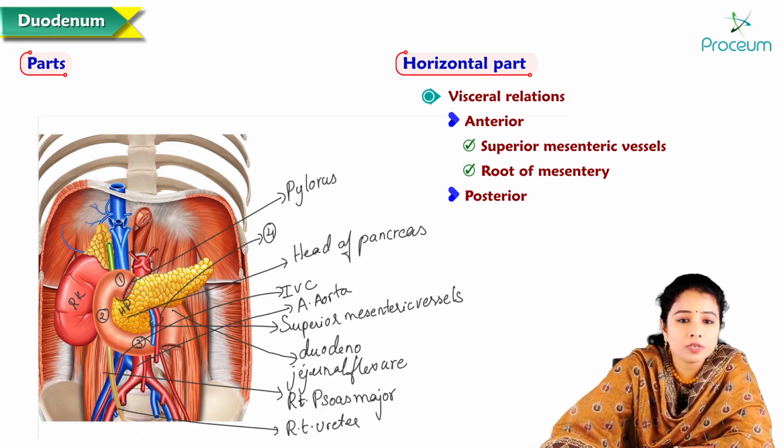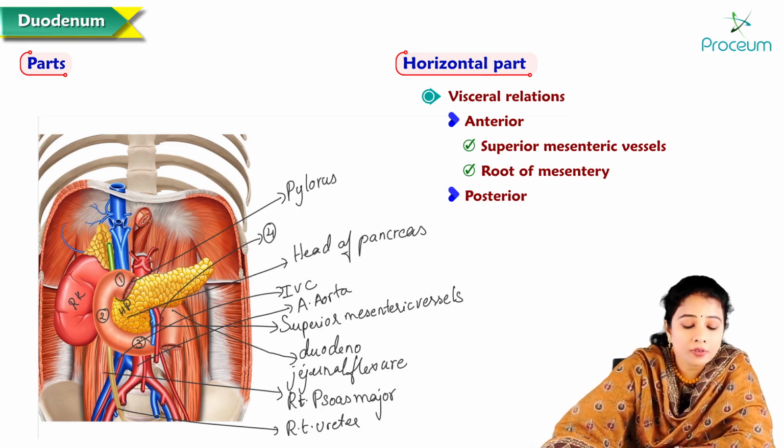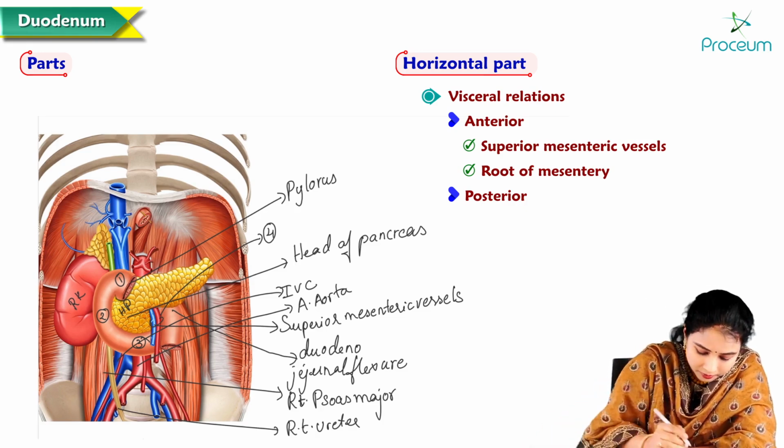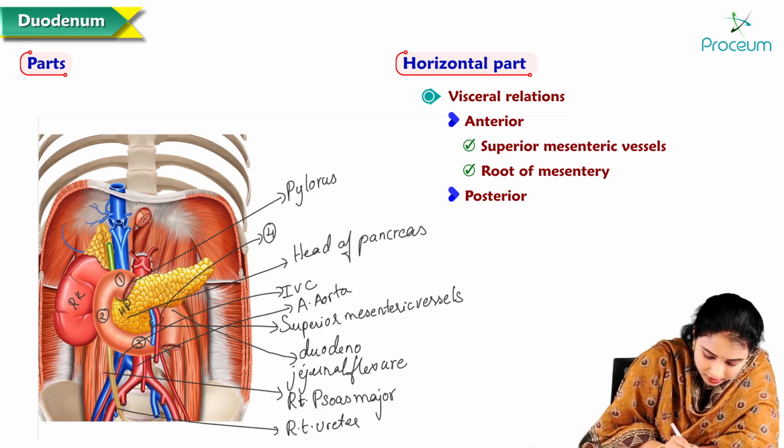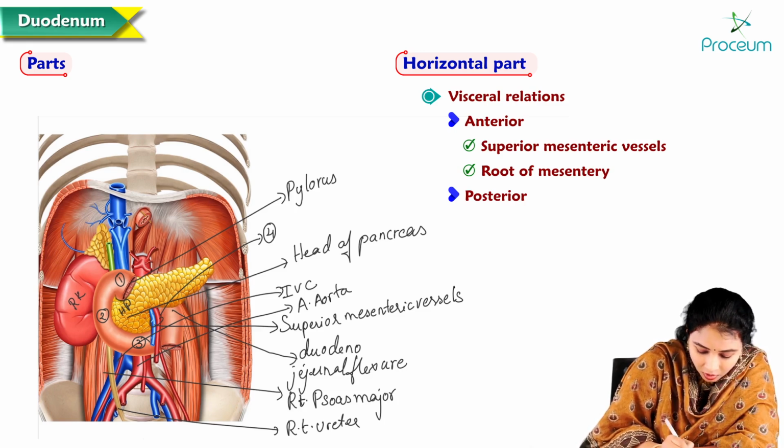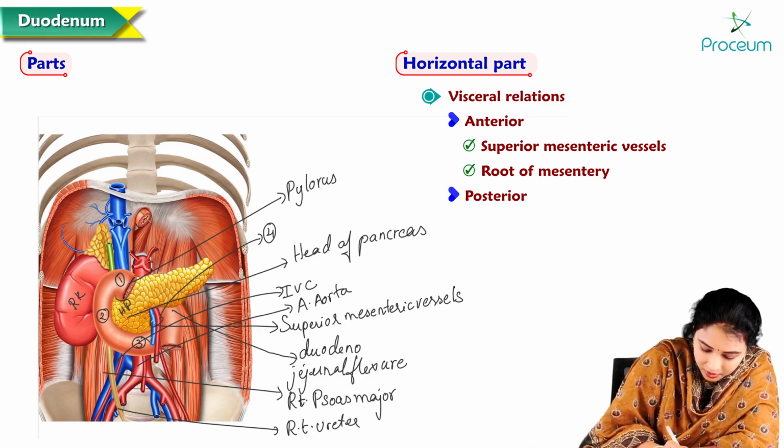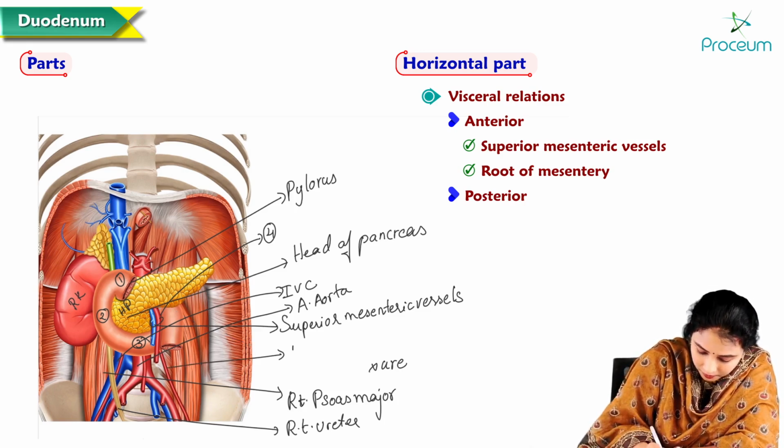And it is also related to the origin of the inferior mesenteric artery. So we can see the inferior mesenteric artery arising from the abdominal aorta. We cannot see the origin, but we can see the inferior mesenteric artery below.